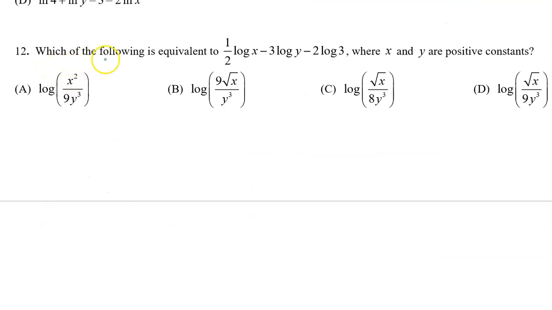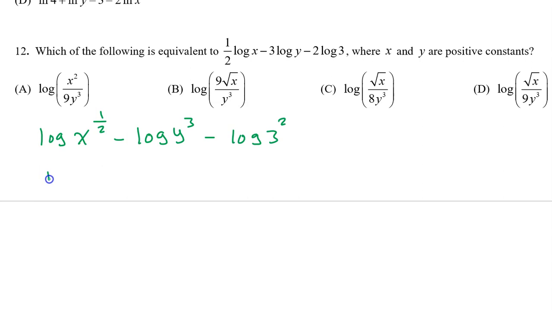Number 12. Which of the following is equivalent to this expression? Let's move all of these coefficients in the front to the exponent of each term. So this will become the log of x to the 1/2 power minus the log of y to the third power minus the log of 3 to the second power.